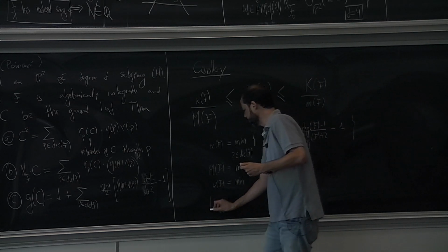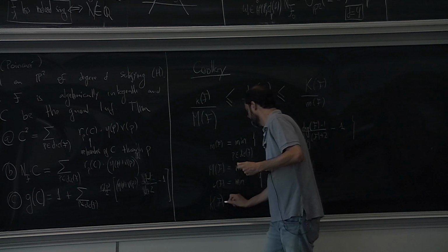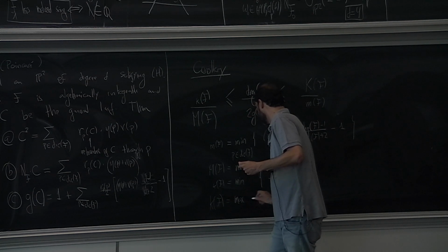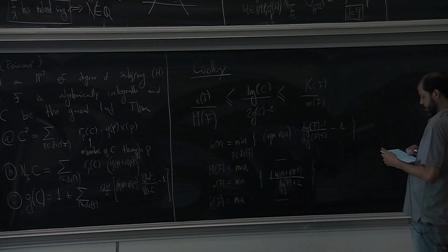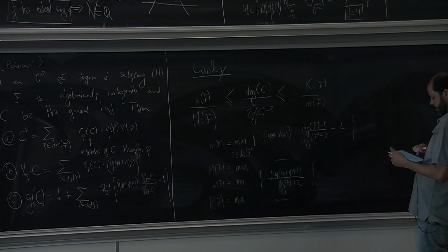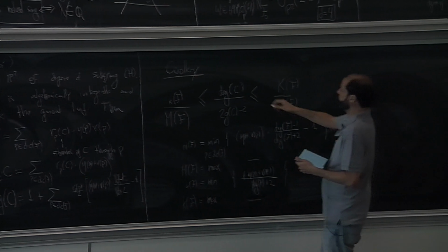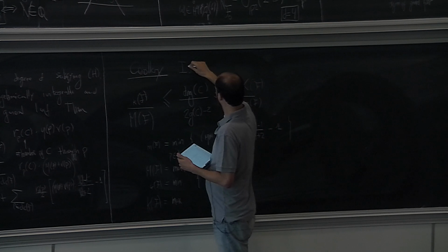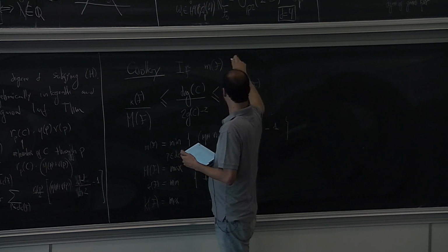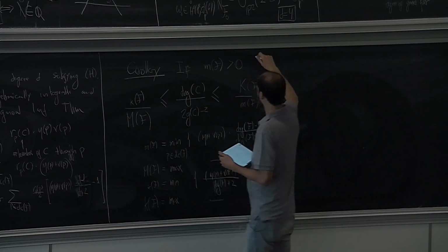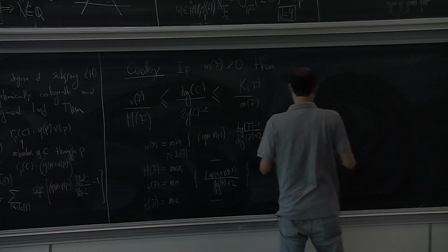And big KF is the maximum of this, the same number. And then, if MF is positive, then we have this.